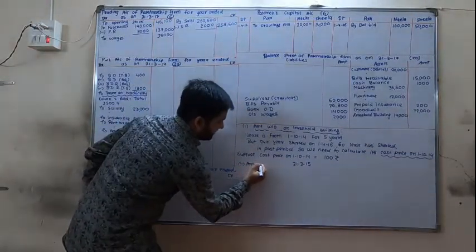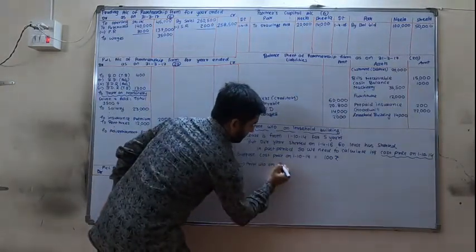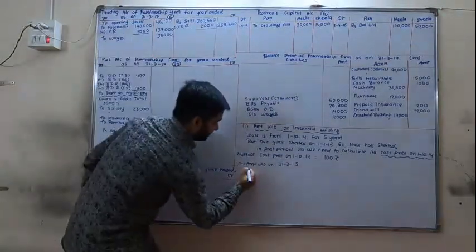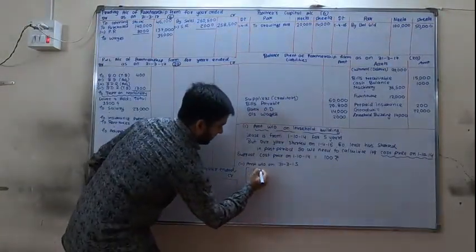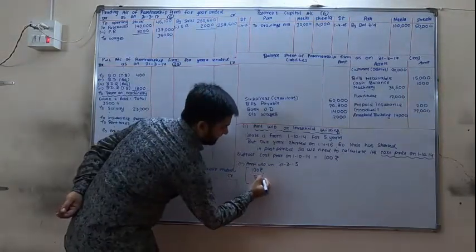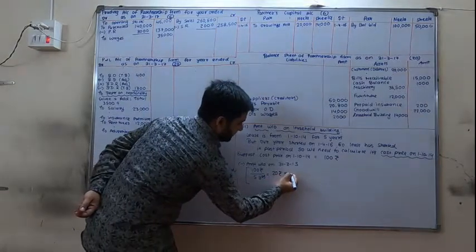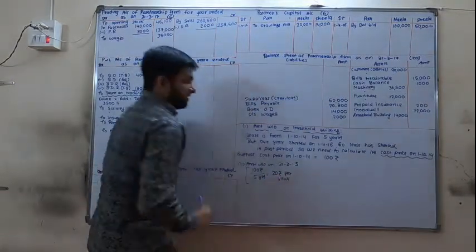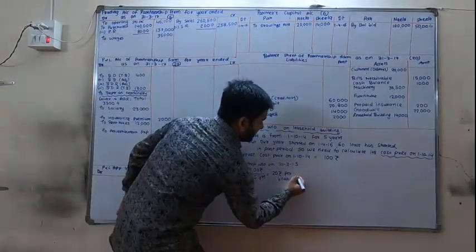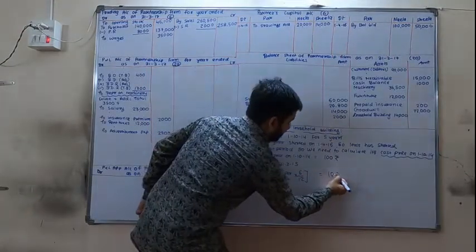Minus amount written off on 31/3/15. Now how to decide? 100 rupees is the total lease. It is for 5 years, so it is 20 rupees per year. But we don't need per year, because here we are having only 6 months. So into 6 by 12, we will have 10 rupees.